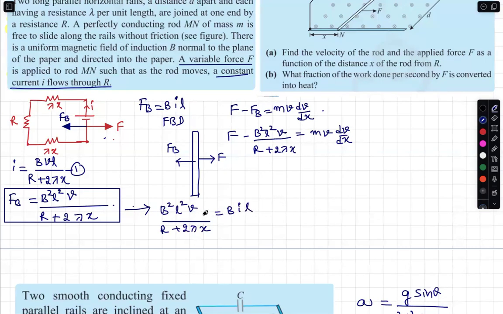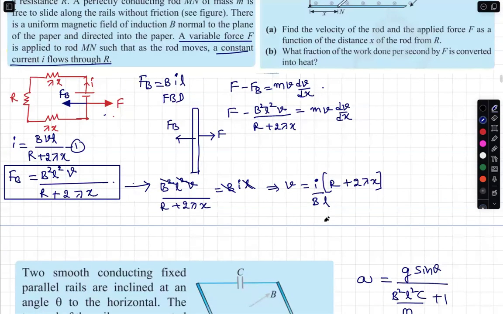The entire right hand side is a constant, which implies velocity can be given as current into R plus 2 lambda x by BL. Don't question me why. You have given I as the data, lambda as the data, x the instantaneous position.